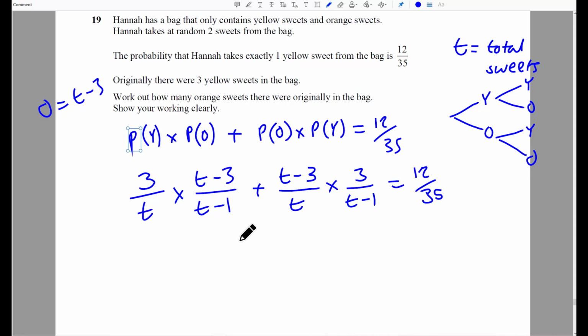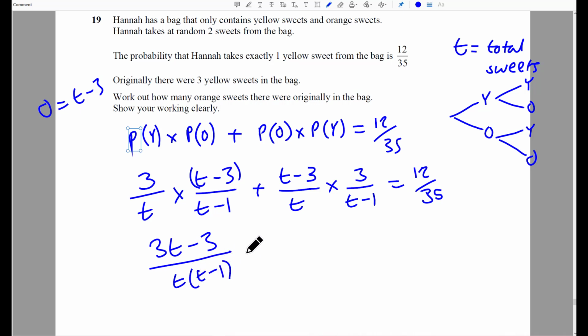Now, shall we simplify that? Yep. I'm going to try and see what happens. Let's make that into a bracket. So that's 3t minus 3 over, let's just write t. I'm just going to keep it like this for now.